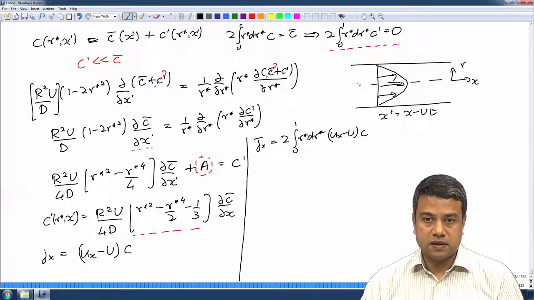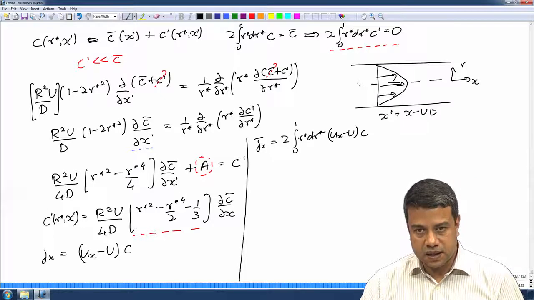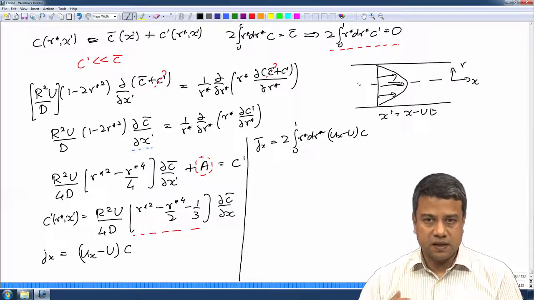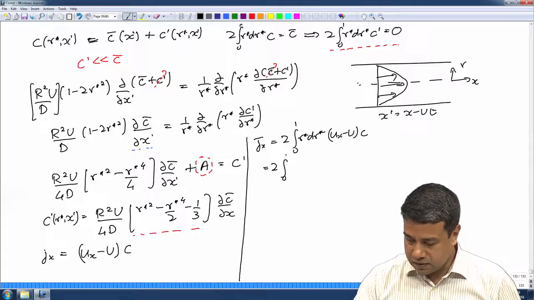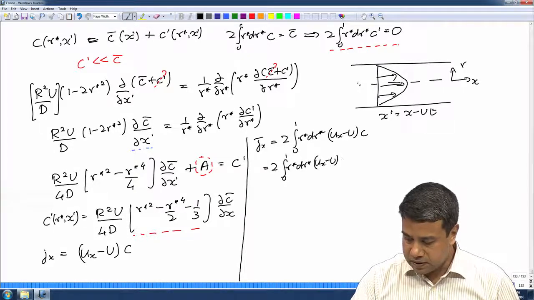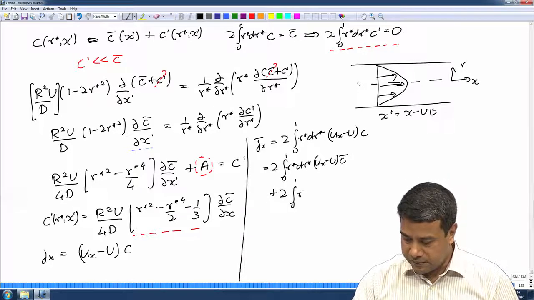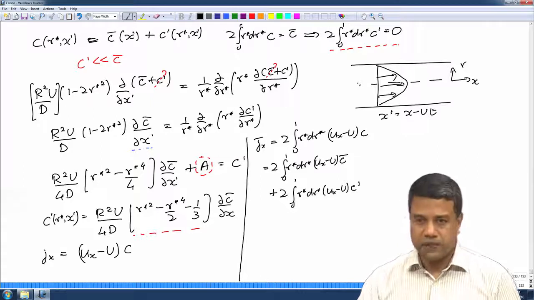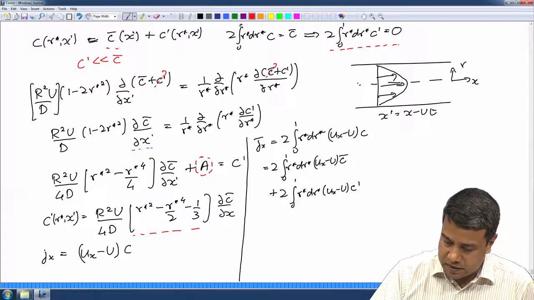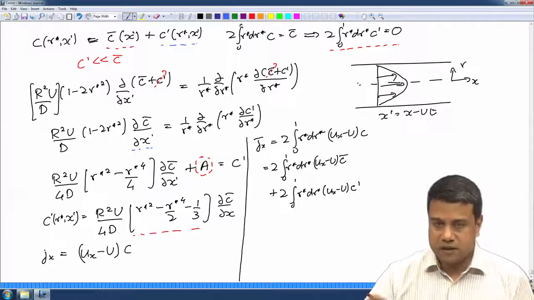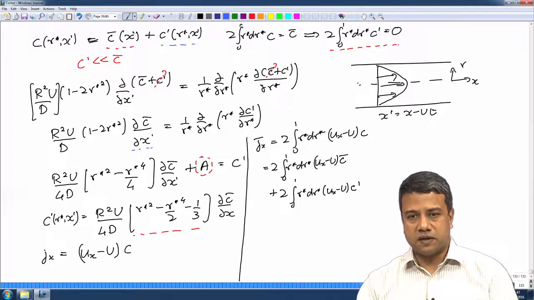Now, C can be separated into a cross sectional average concentration plus the radially dependent concentration. So, this can now be written as 2 integral 0 to 1 r star dr star, ux minus u into c bar, plus 2 integral 0 to 1 r dr, ux minus u into c prime. So, that has two components, one is due to the radially averaged concentration and the other is due to the correction due to the fact that you have diffusion in the radial direction.